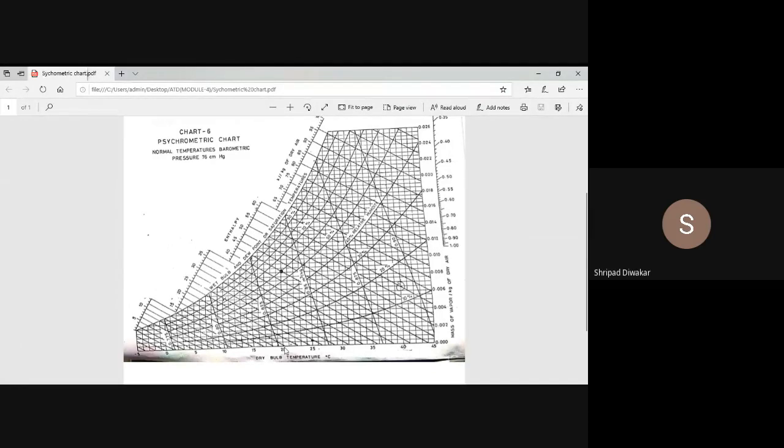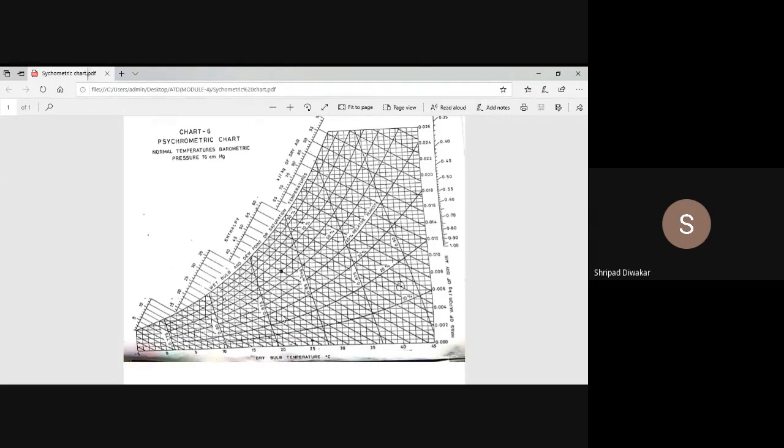For 10 degrees Celsius wet bulb, move up till it cuts the saturation curve, then move in an inclined direction to where it cuts the 20 degrees Celsius line. This is the intersection point.